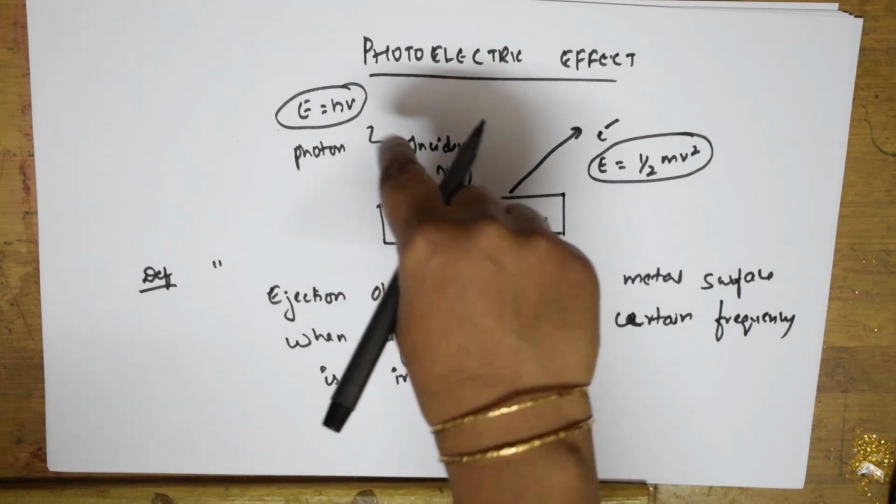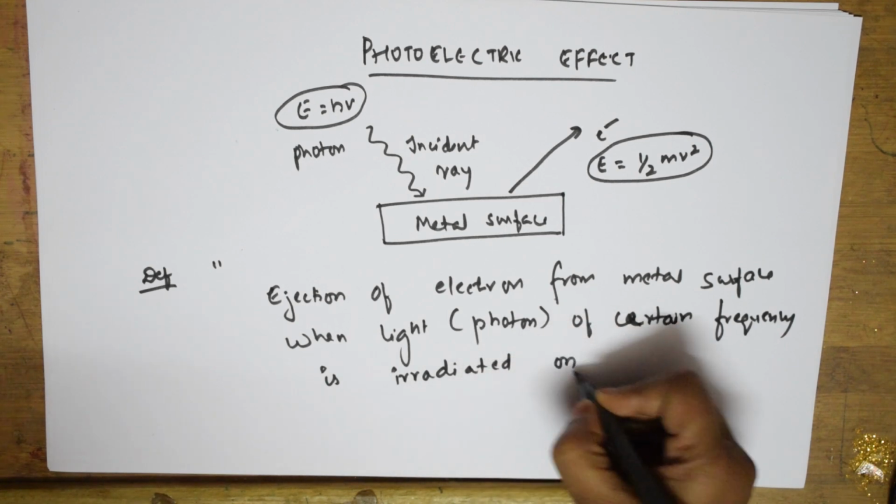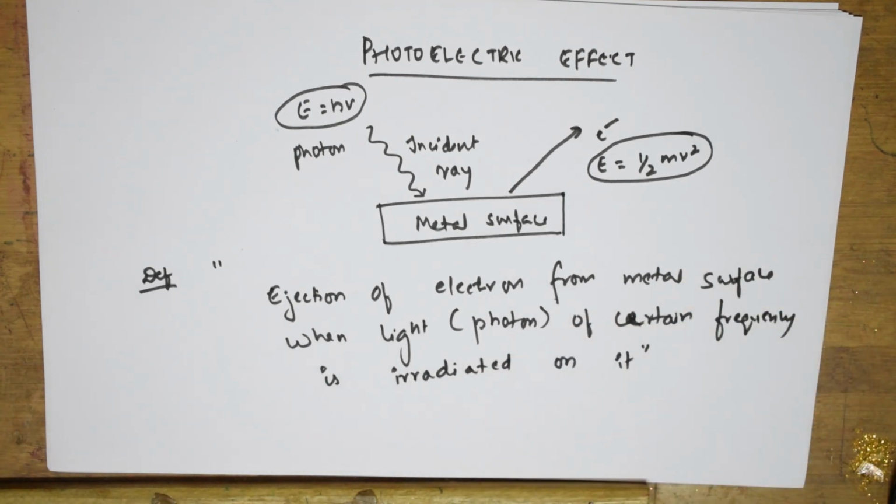We call it irradiated, meaning you are sending that ray onto this. This is called the photoelectric effect.